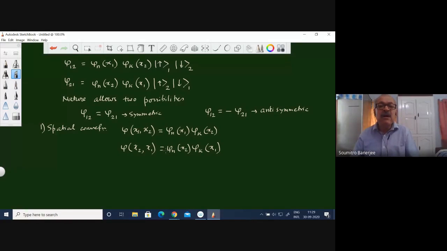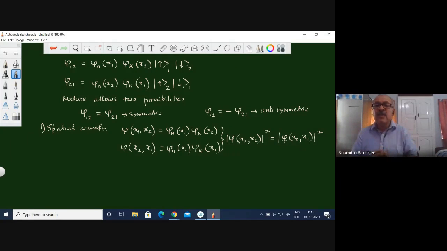So what we then demand is that psi x1 comma x2 mod square is equal to psi x2 x1 mod square, because ultimately what matters is the mod square, because that is what gives the probability of finding the particle at different places.